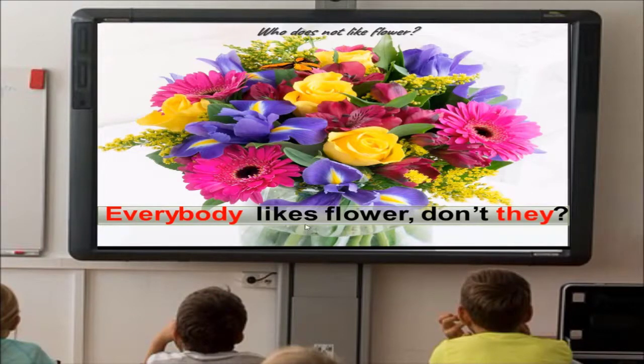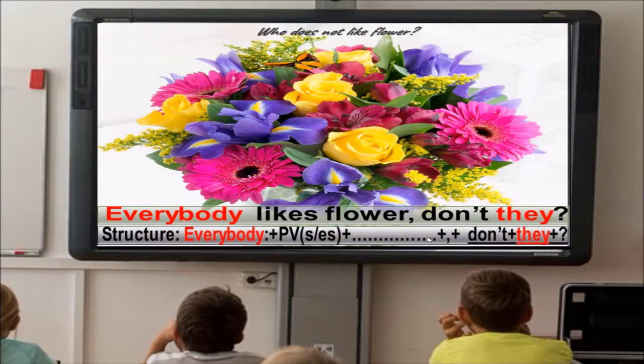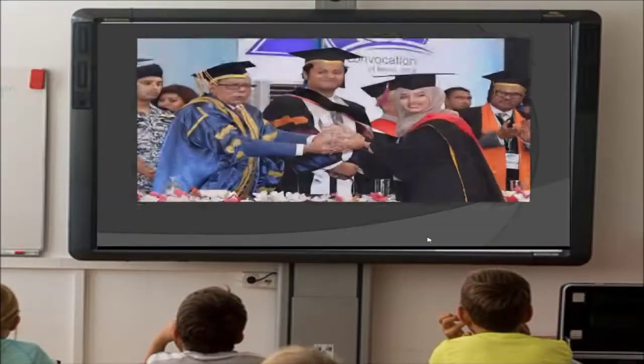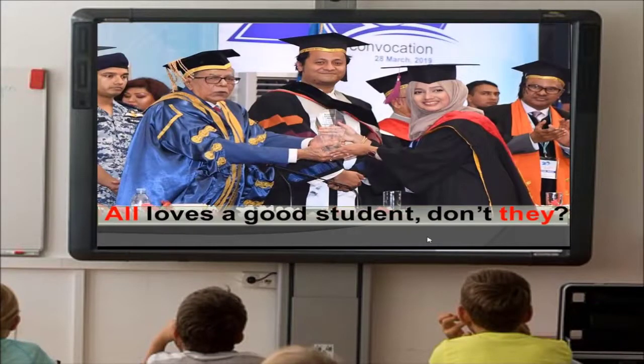They think that since s or es is added with the main verb of the statement, we use does not, but it's not correct. You know that after they we must use do. All love a good student, don't they?